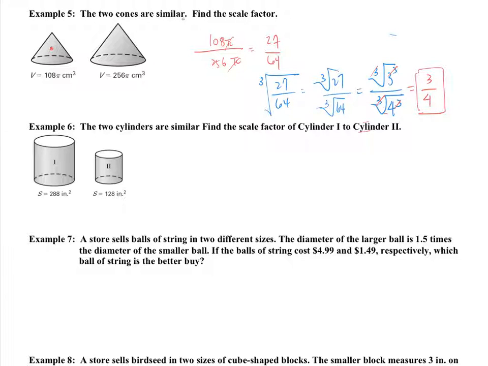And example 6, the 2 cylinders are similar. Find the scale factor of cylinder 1 to cylinder 2. So we're given the surface area this time. So 288 to 128. And if you simplify this, it's 144 to 64.